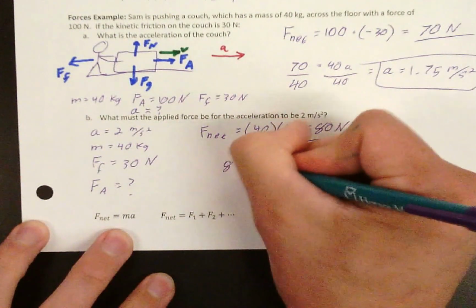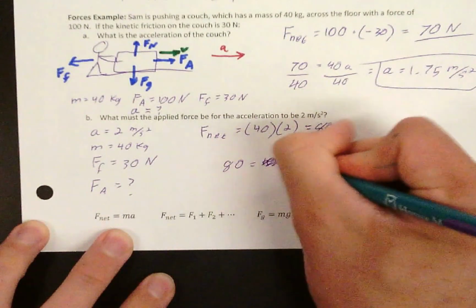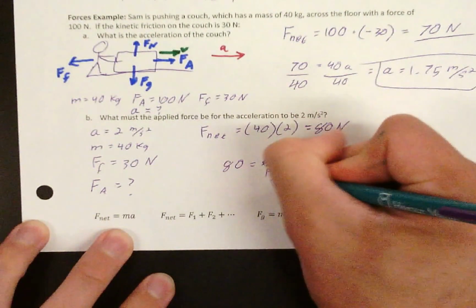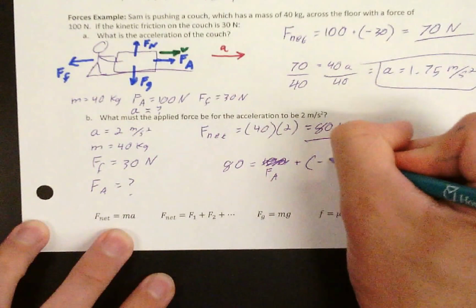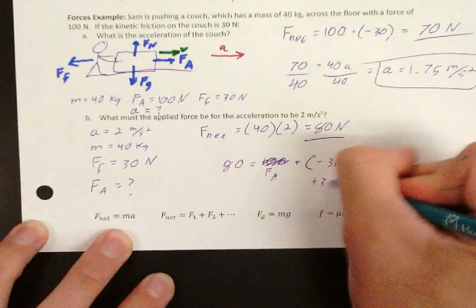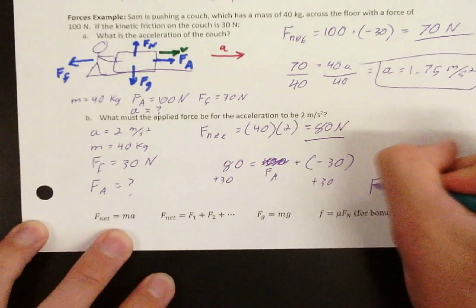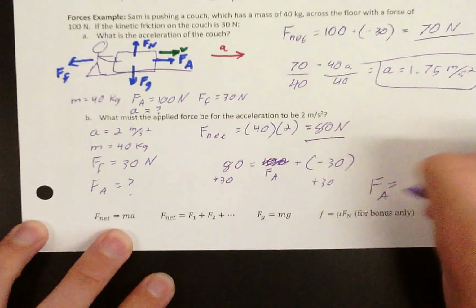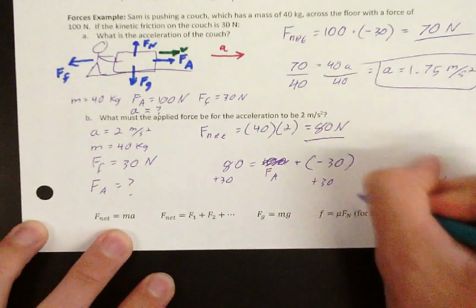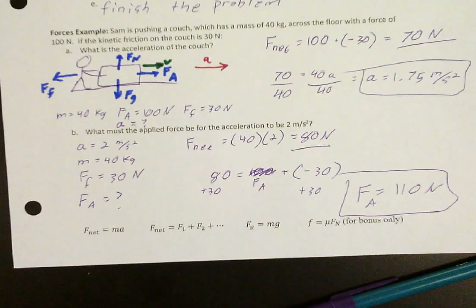So 80 equals FA plus negative 30. Add the 30 to both sides, and you get the applied force equals 110. And there you do go.